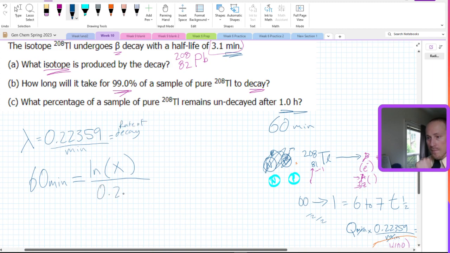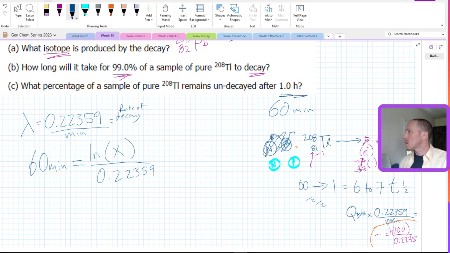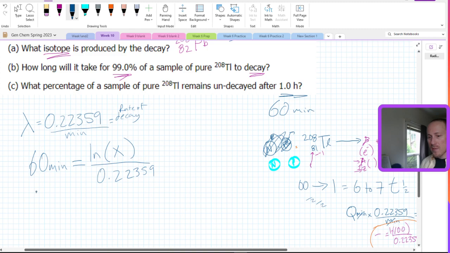There we go. Okay, so this actually shouldn't be too bad, so we're going to multiply 60 by that. Let me grab that over here in Desmos. Here we go. So 60 times that.